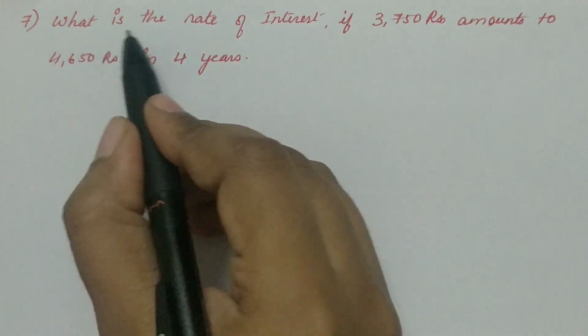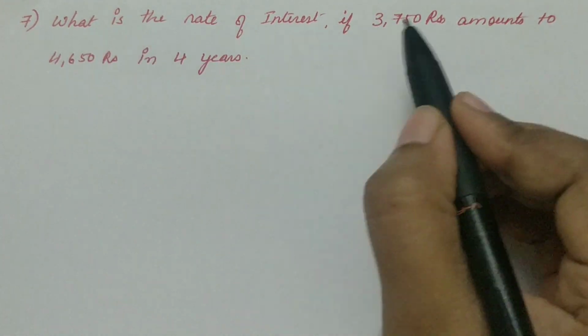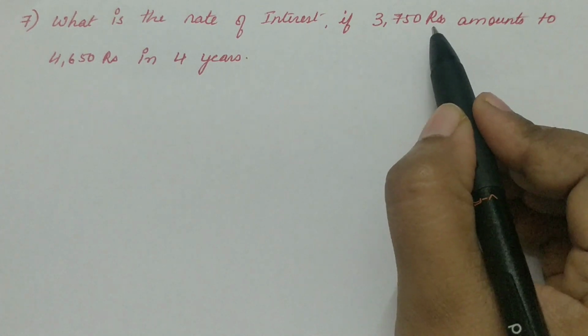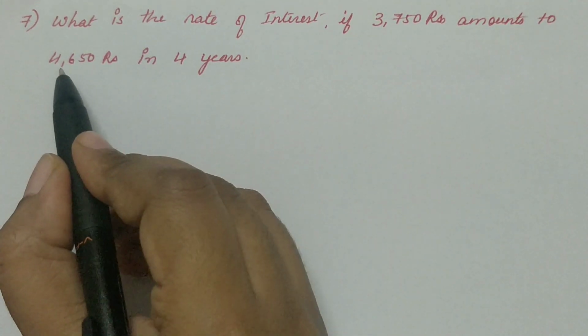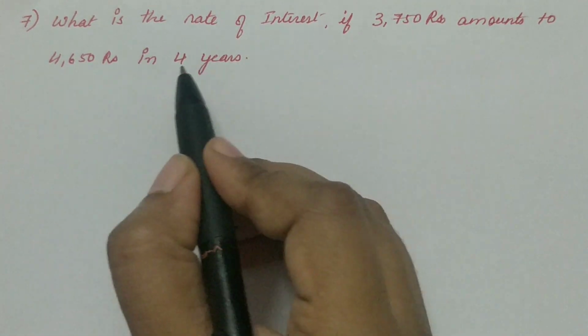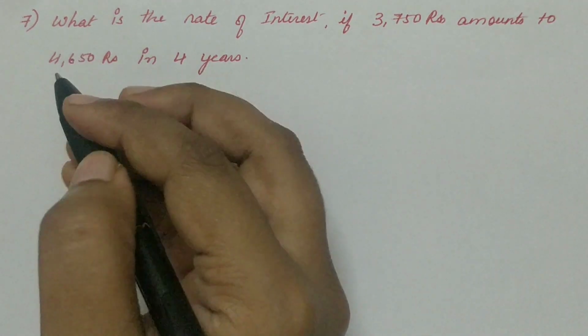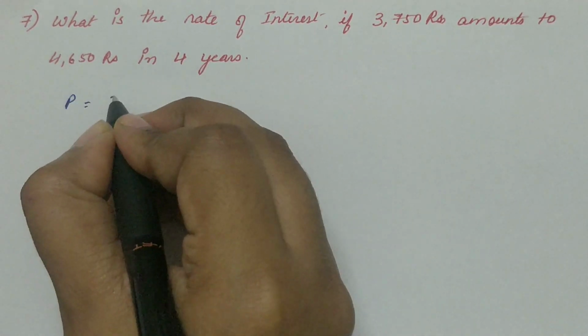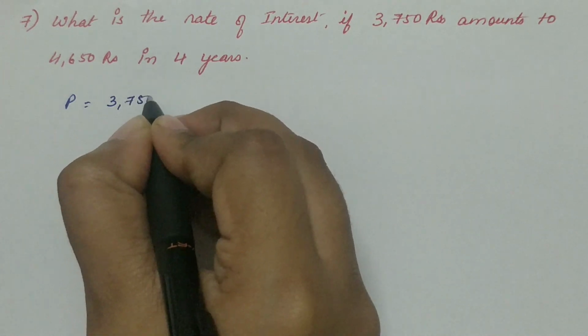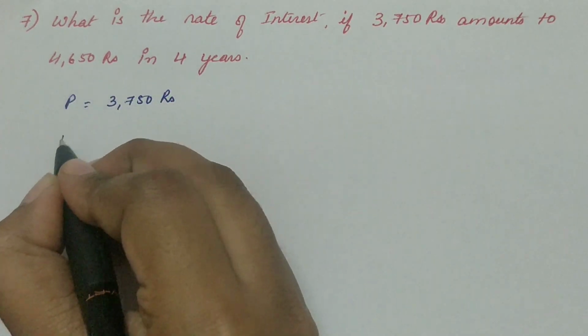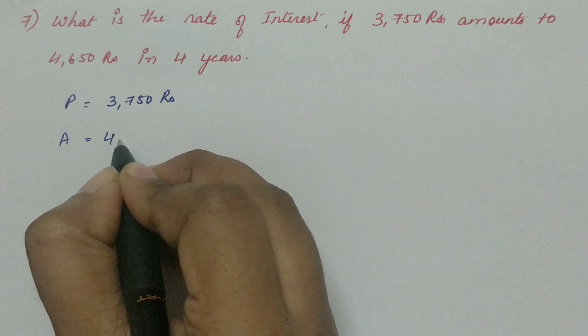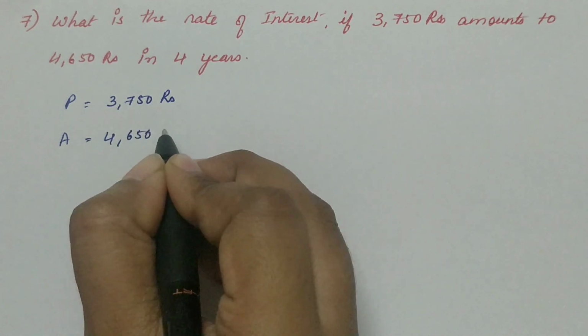Seventh one, what is the rate of interest if 3750 rupees amounts to 4650 rupees in 4 years? Given principal equal to 3750 rupees, amount equal to 4650 rupees.